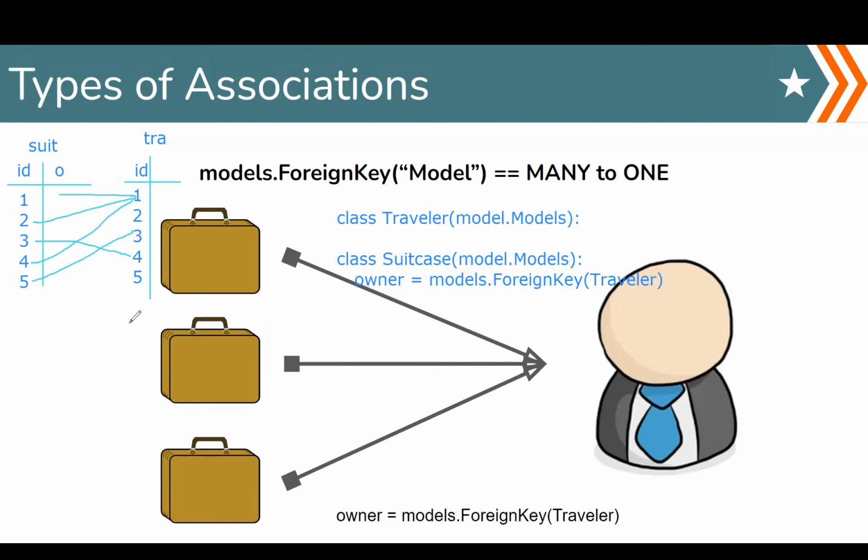So in this way, we see that we can link up many suitcases to one traveler owner through the use of the models.ForeignKey field. Are there any questions about this field and how it's different from the one-to-one field on the previous slide?